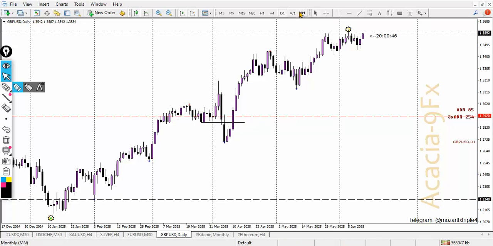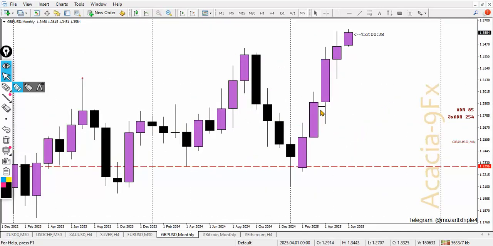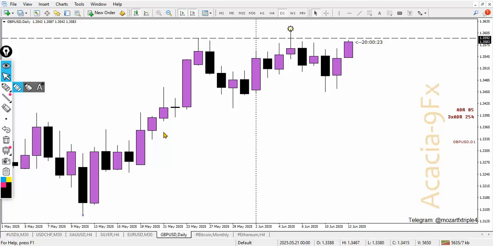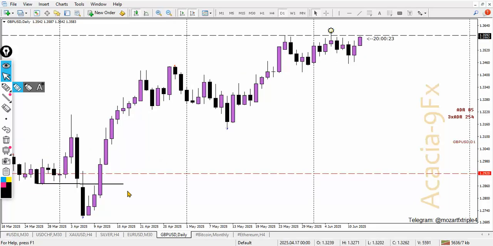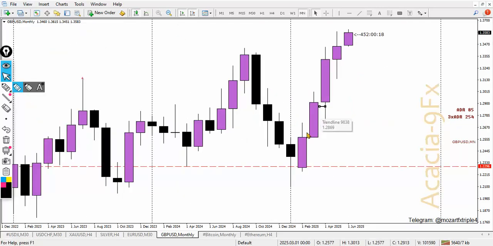Monthly time frame again. This is it. If you don't see it, let me show you very well. I want it to pop up. Okay, you see that? Price came all the way down to this order block. You see that? The body.